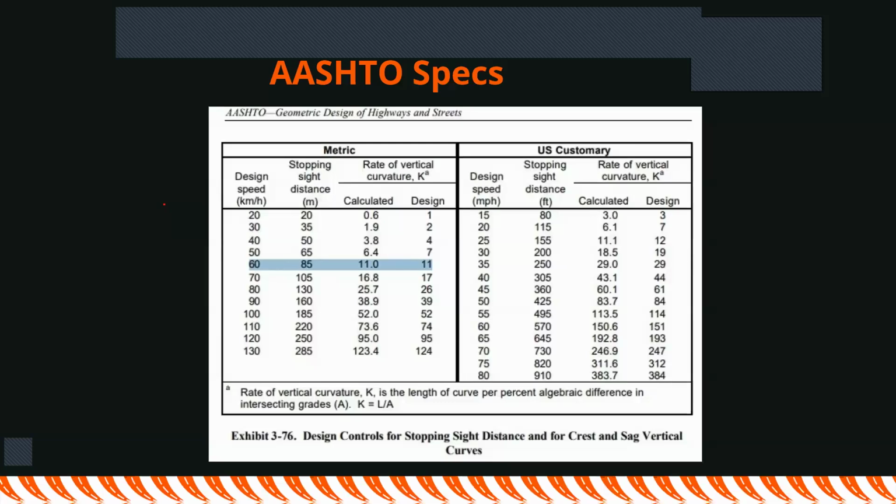Now, if you look at this snip of the American standards, you will notice that the stopping sight distance is 130 meters for a similar case. So our stopping sight distance is 130, and the minimum length is 160.